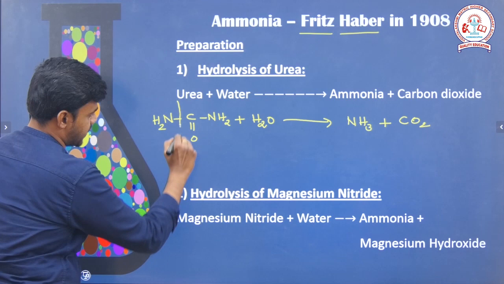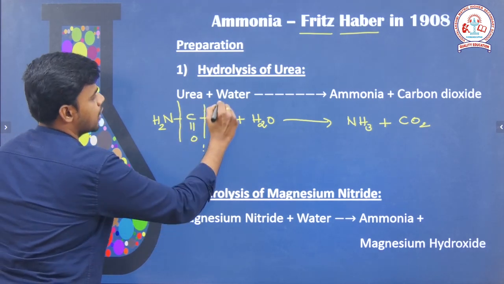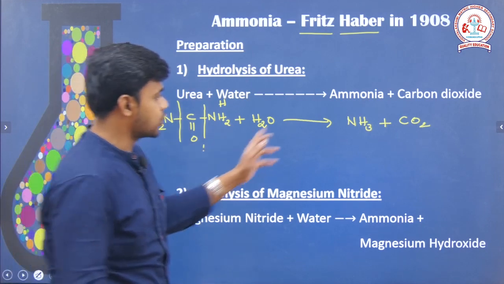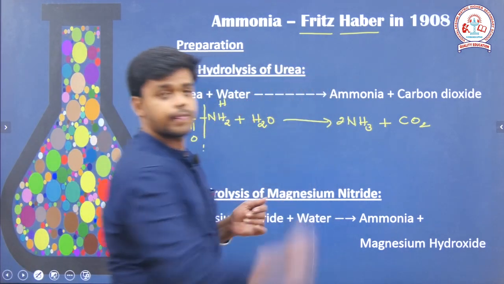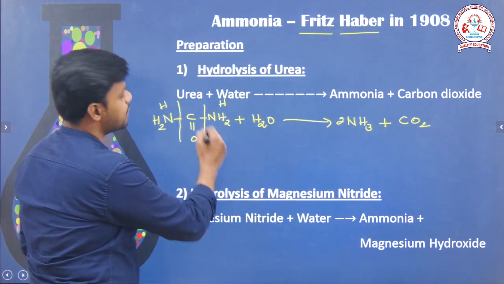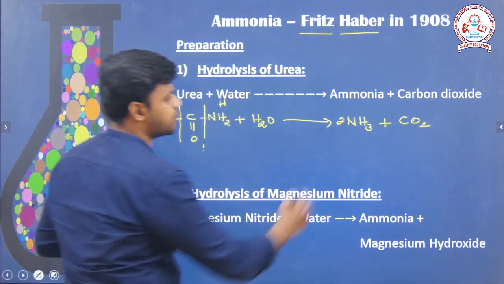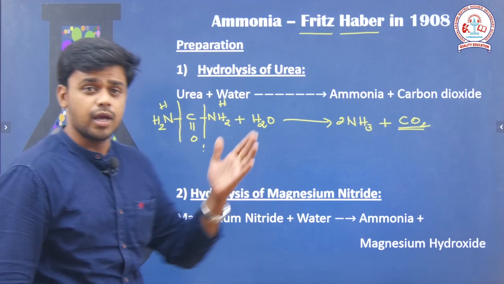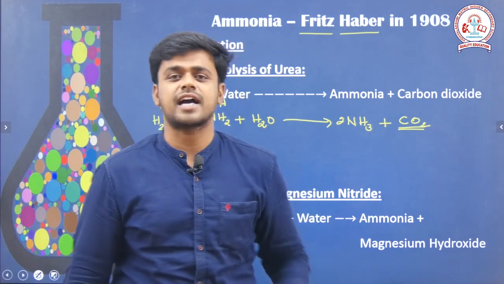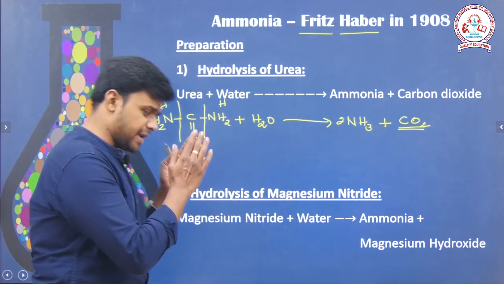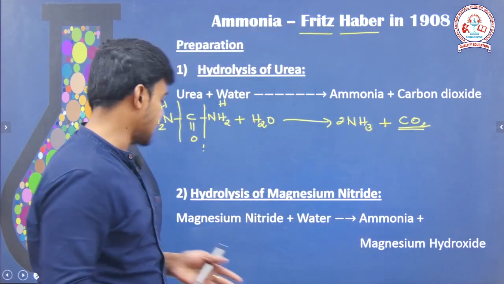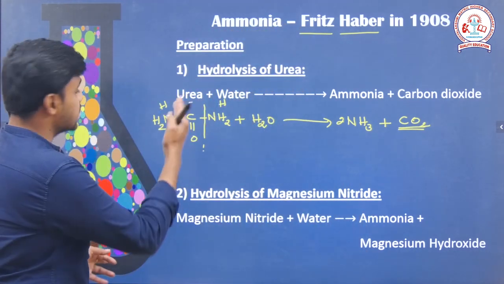The bond breaks in this way. 2 of the hydrogens go to the nitrogen, therefore 2 molecules of ammonia will be obtained, and 1 oxygen from the water will go to the carbon, thereby giving carbon dioxide. So this is the very basic and the very first method of preparation of ammonia, from the hydrolysis of urea.